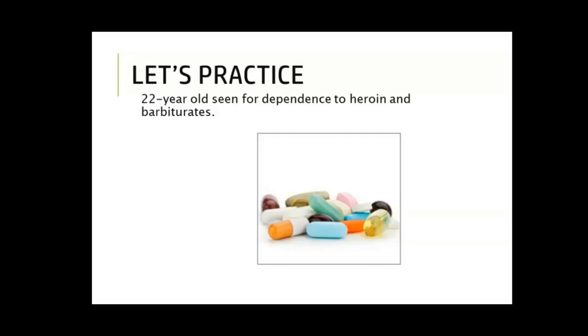So I'm on page 93 in the CM book, and if you guys see dependence, heroin is not a choice, right? Because that's a specific kind of drug, so we have to go to the category. Does anyone know what category heroin fits into? What drug category?